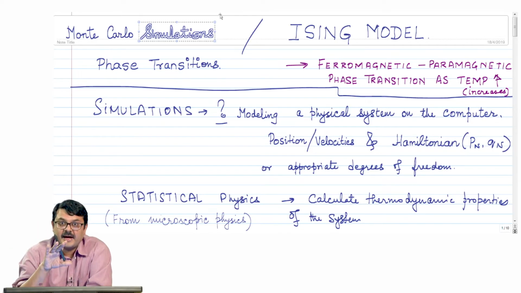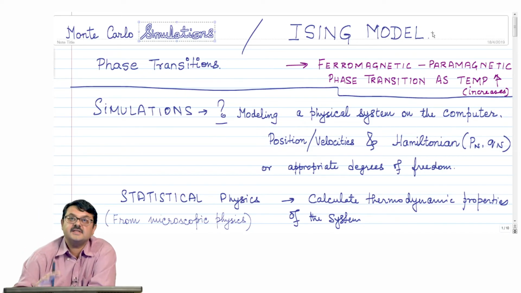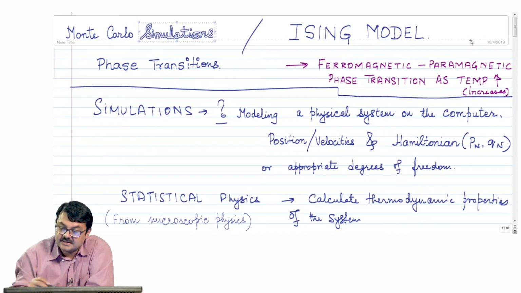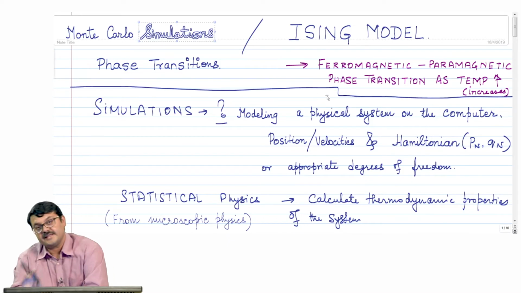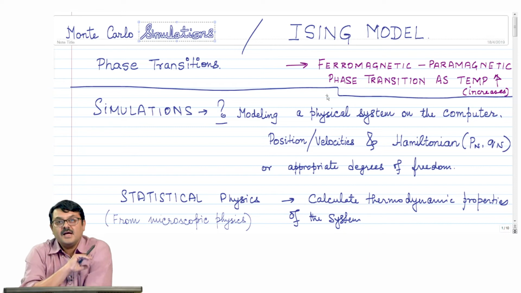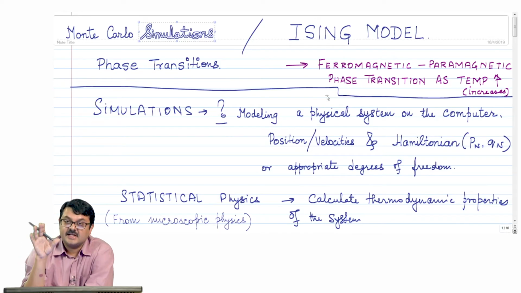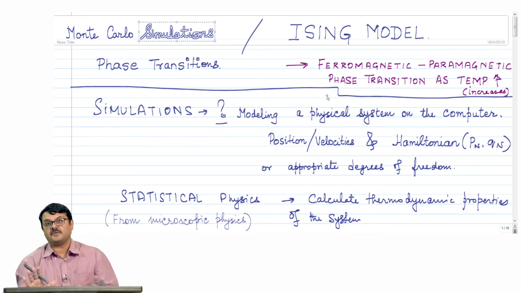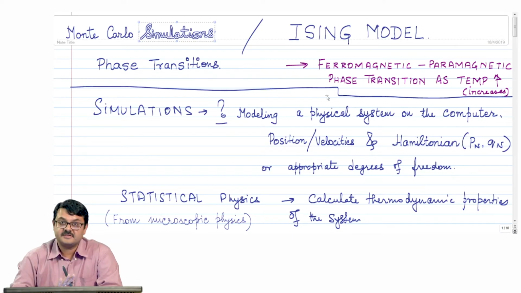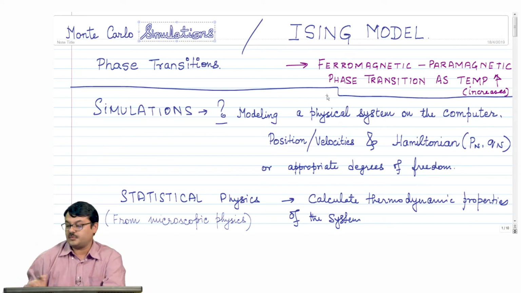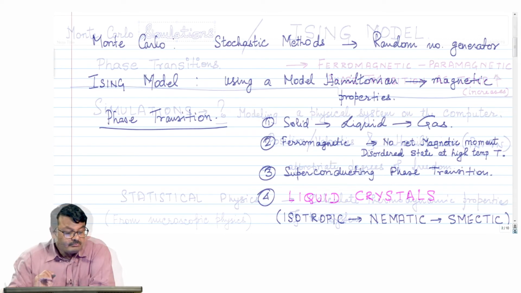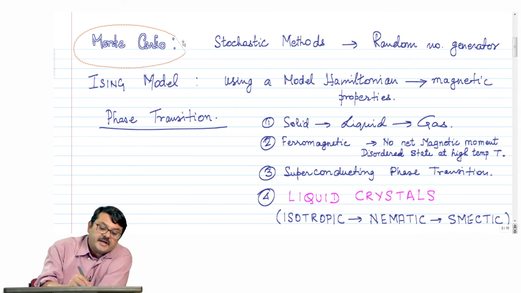Only after that background shall we write down the Ising Hamiltonian, discuss the physics of it, discuss ferromagnetic to paramagnetic transitions, and then get down to the calculation or the simulation details. How are we going to model this model Hamiltonian on the computer to understand ferromagnetic to paramagnetic phase transitions? So, that is the plan. The first half an hour or more is going to be discussing phase transitions, statistical physics, and so on and so forth. Before I discuss phase transitions, let me tell you what I mean by Monte Carlo simulations.